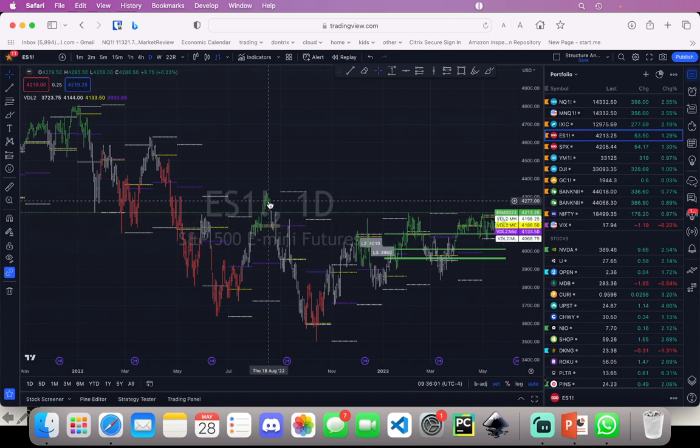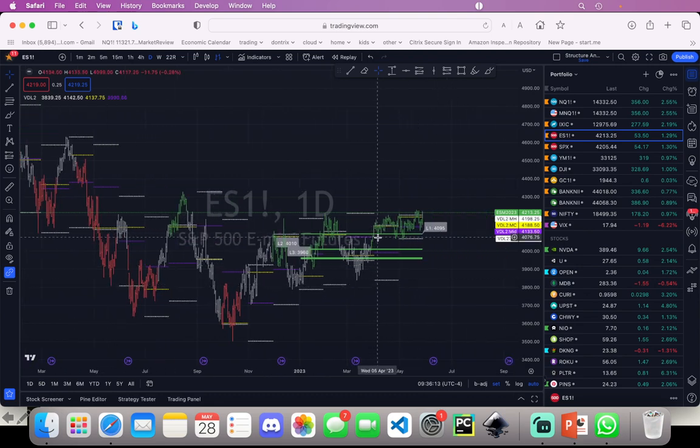Here one time at August 2022, and then here one more time, December 2022, and then Feb 2023, and then now it is the fourth time. So four times it tried to reverse the market.